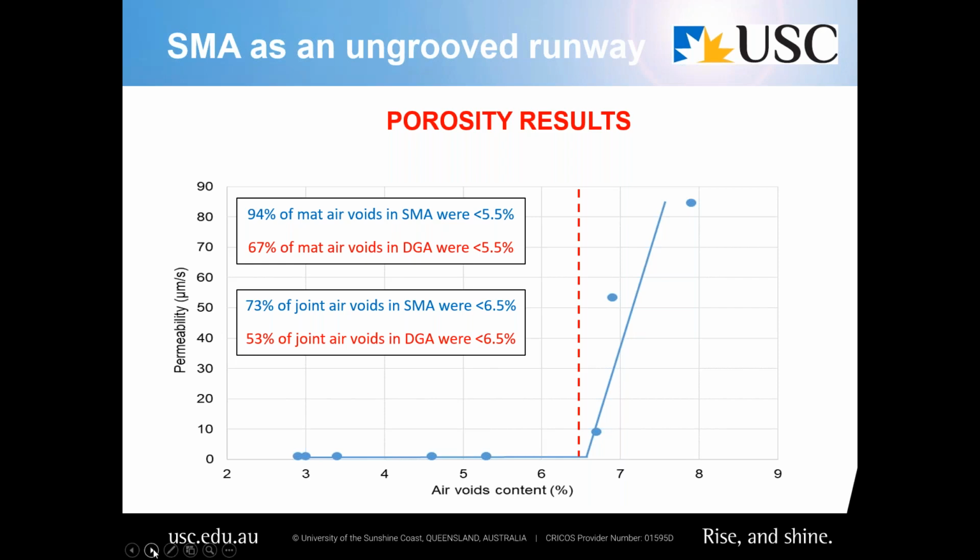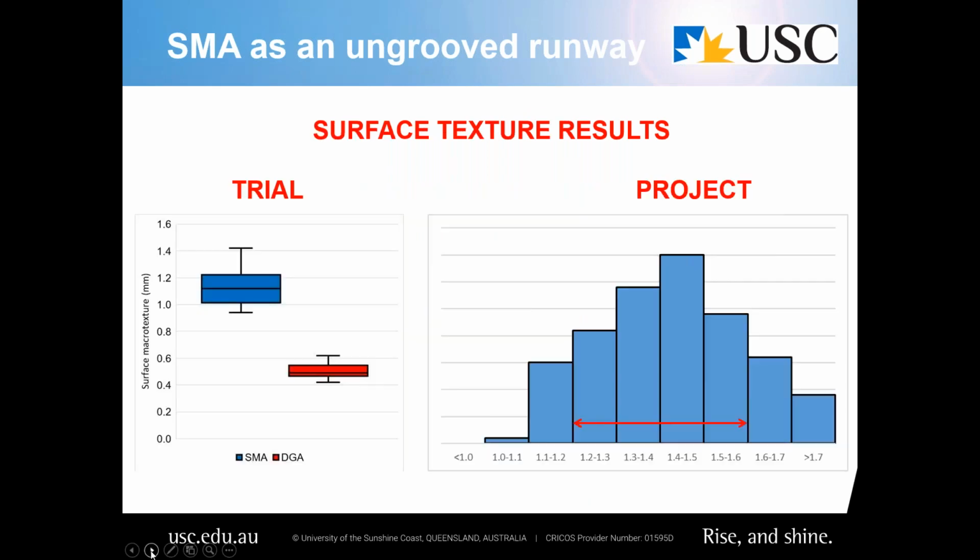So this, to me, puts to rest any concern that this stone mastic, even though it looks quite porous on the surface, could in any way allow water to enter and move through it, or through its entire thickness anyway.